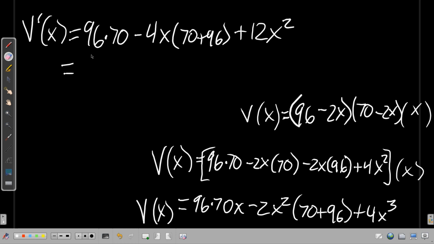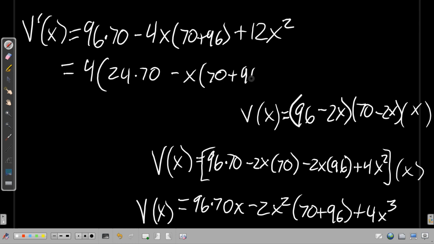I believe that 96 is divisible by 12. Yes, it's 8 times 12. I don't want to factor out 12, I want to factor out a 4. So 96 is 4 times 24. So I have this then.